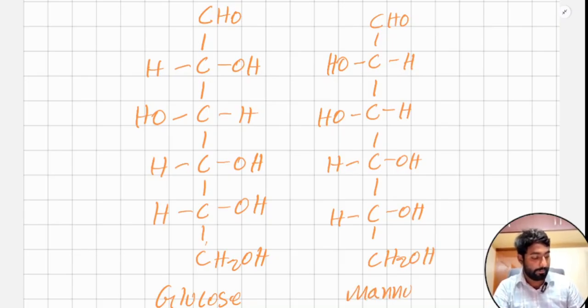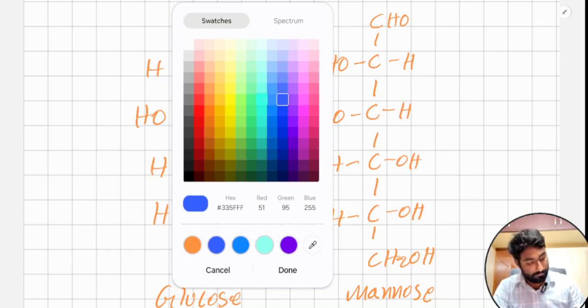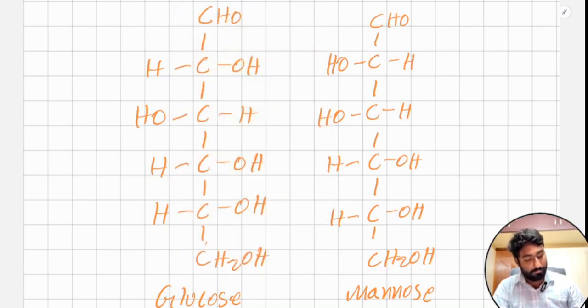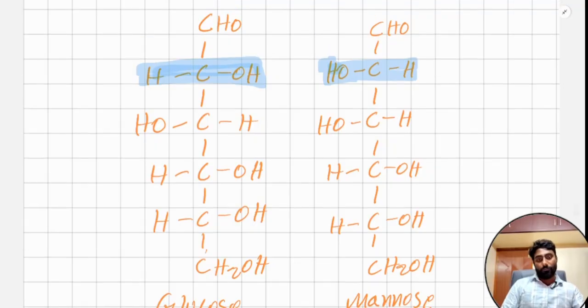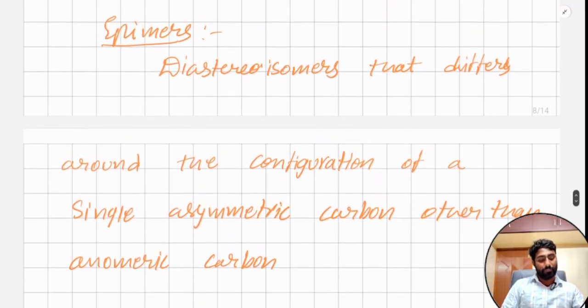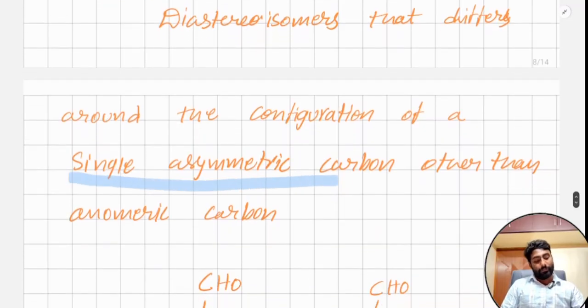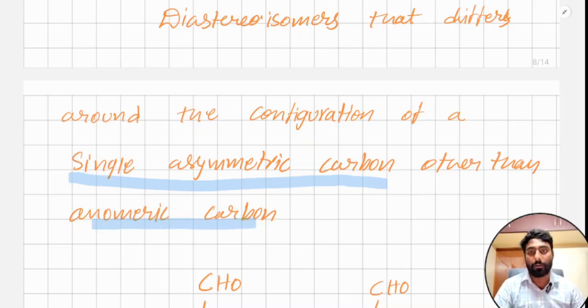This is your mannose. Now see this second carbon in glucose and in mannose. Apart from the second carbon, the rest of the structure is the same. So if you see the definition of epimers, they differ in a single asymmetric carbon atom other than the anomeric carbon.